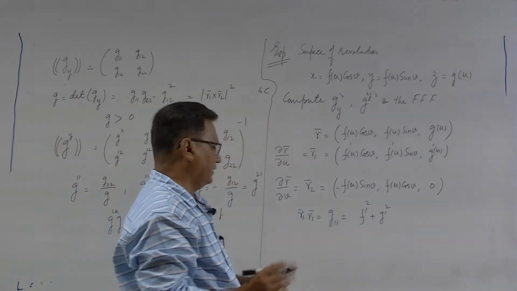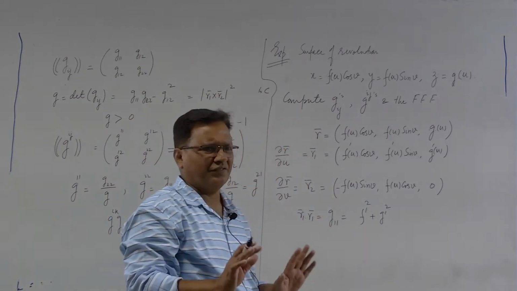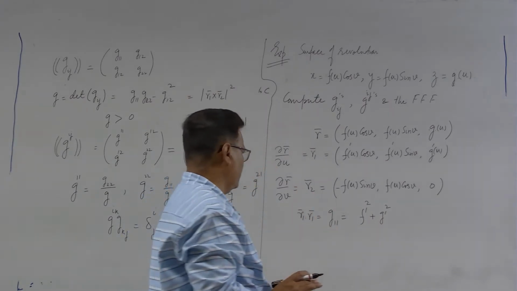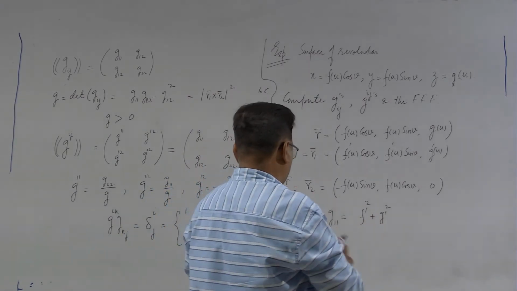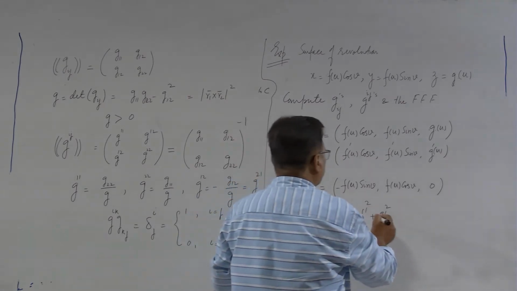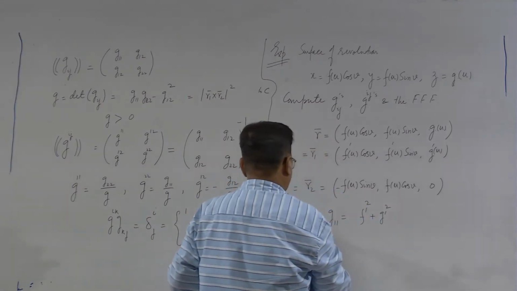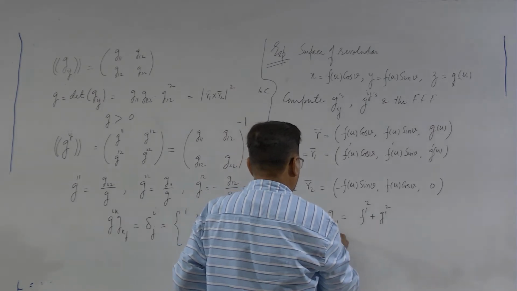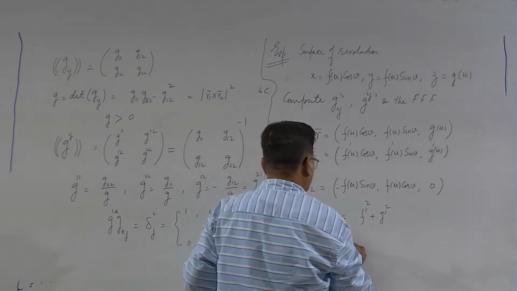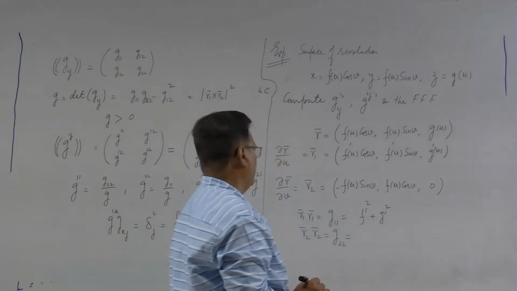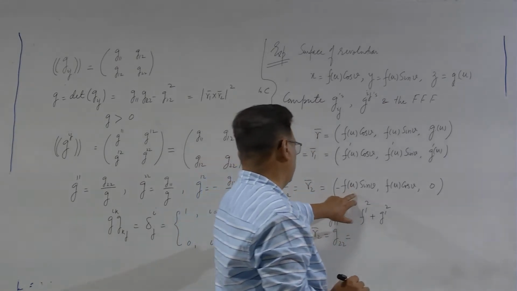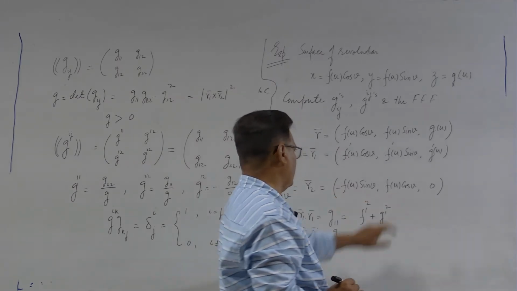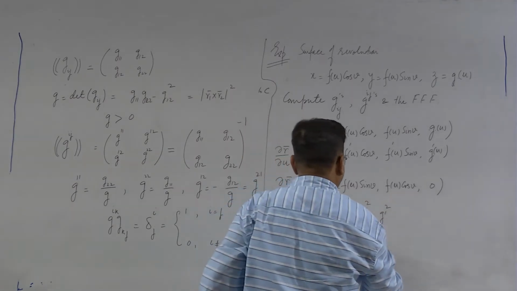It is understood that f dash is a function of u, g dash is a function of u, so it is not necessary to write u in brackets all the time. r 2 dot r 2 by definition is g 2 2, which can be computed here. So, once again f square sin square v plus f square cos square v means simply f square.